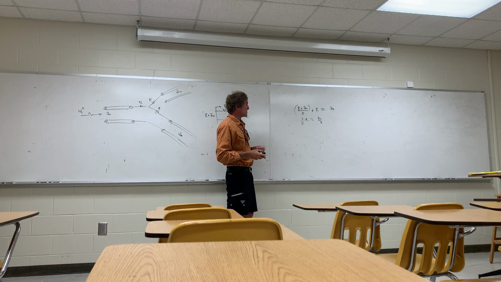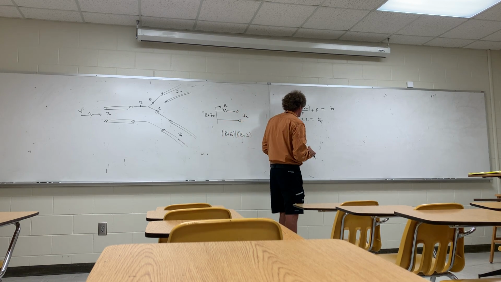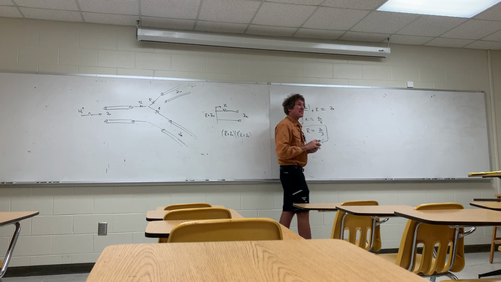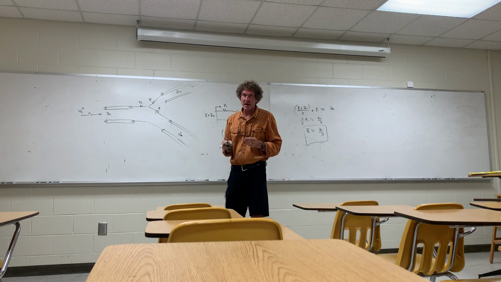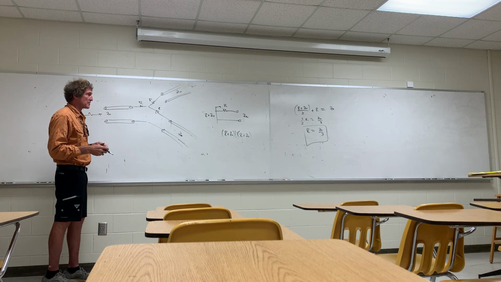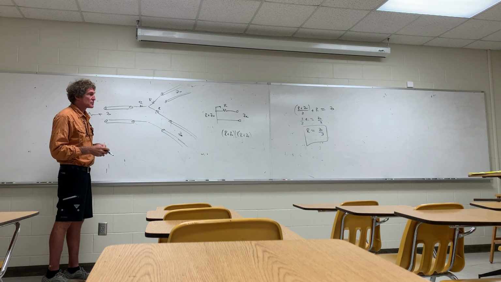Just do the math yourself. Y'all agree with this? So that means what? R is simply Z naught over 3. Y'all follow me? And that would be a resistive divider, and it's simply for a two-way splitter. So the value of resistance would be Z naught over 3.